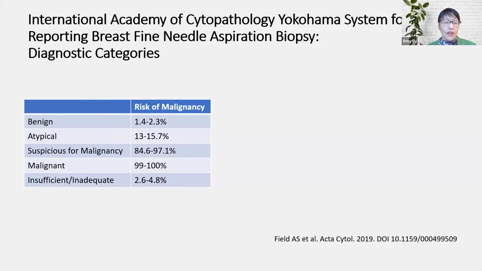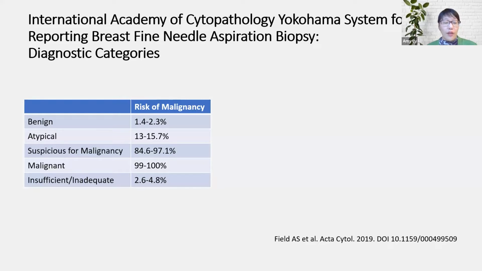In aggregate, across multiple studies performed internationally, the suspicious for malignancy and malignant categories have extremely high risks of malignancy, whereas the benign and atypical categories have appropriately low risks of malignancy.